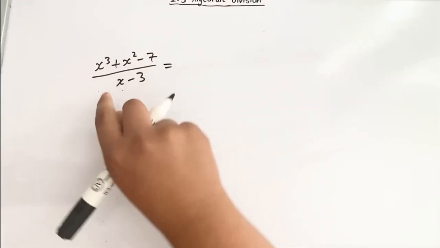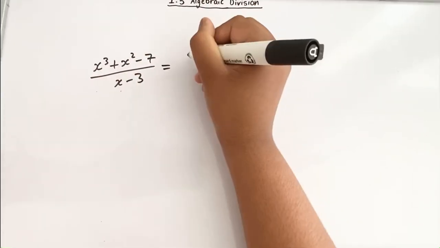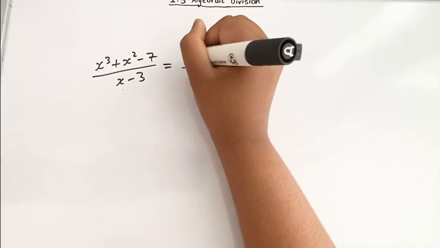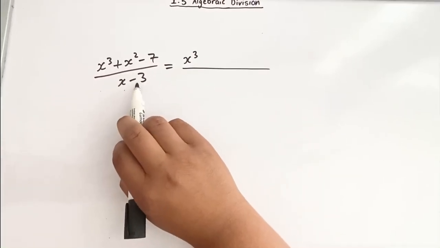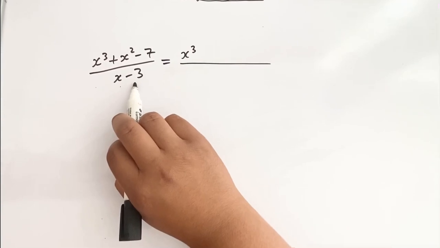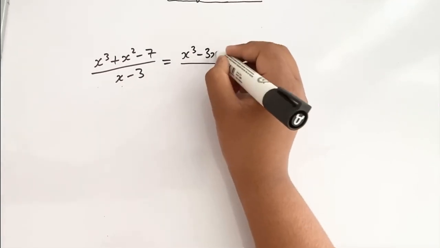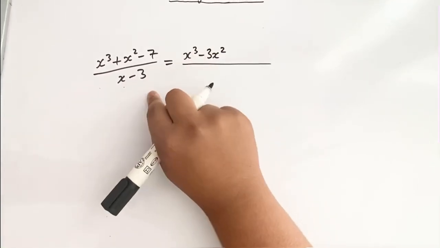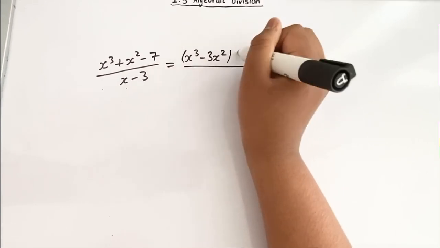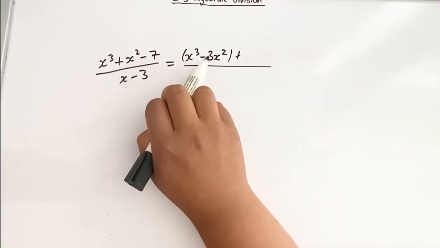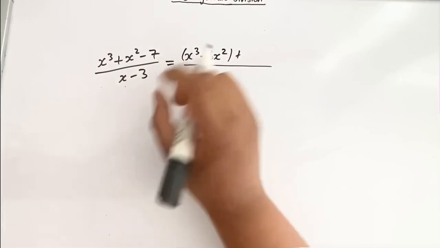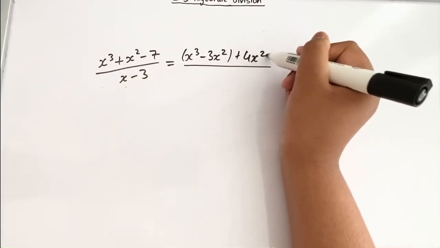What would we need to times this by, x squared, to allow us to divide it by x minus 3? Because we only have x squared, what do we need to do to get rid of this minus 3? We need to add 4x squared.